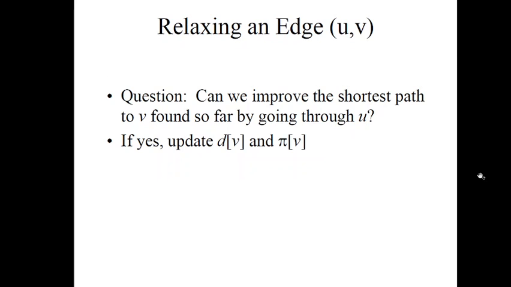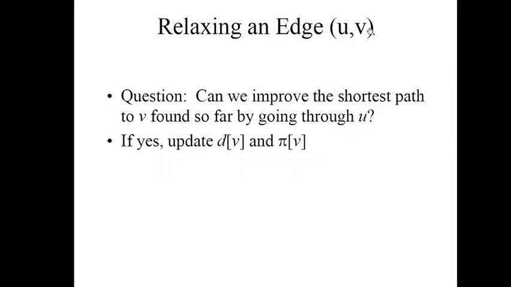The other important algorithm we use in finding the shortest path is relaxing an edge. Relaxing an edge means we are improving the shortest path from U to V by discovering another path. Can we improve the shortest path to V found so far by going through U?